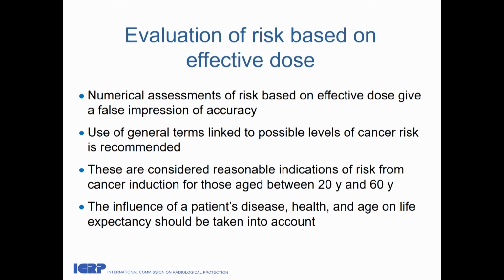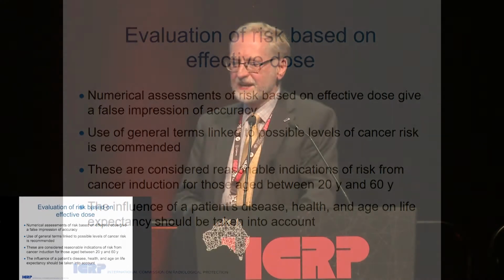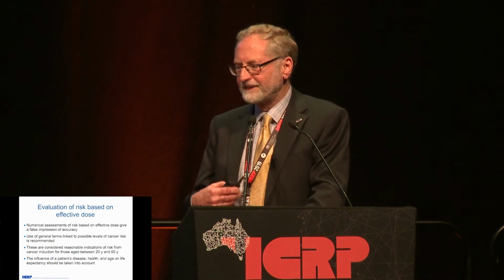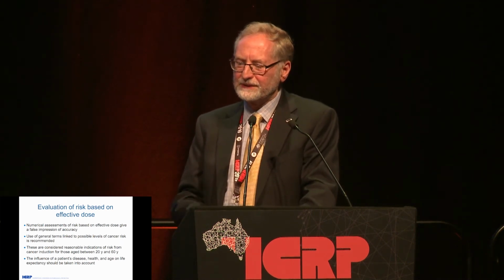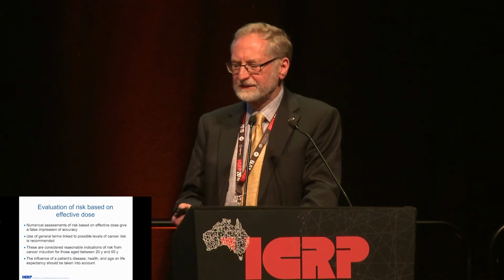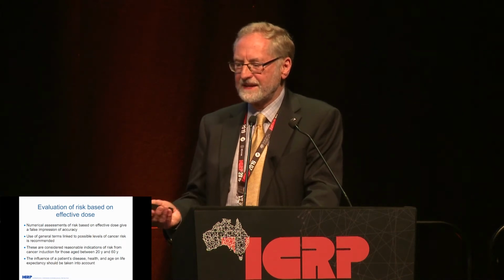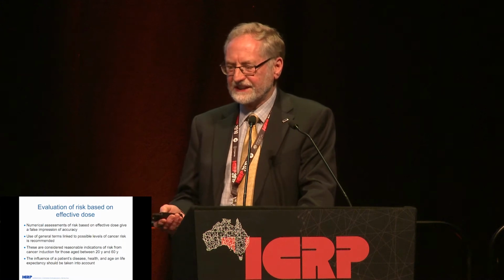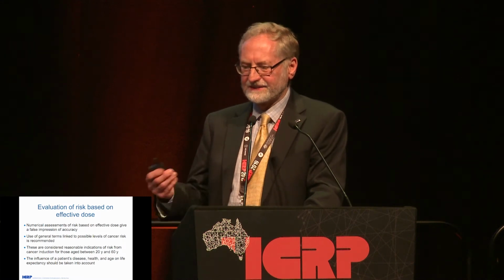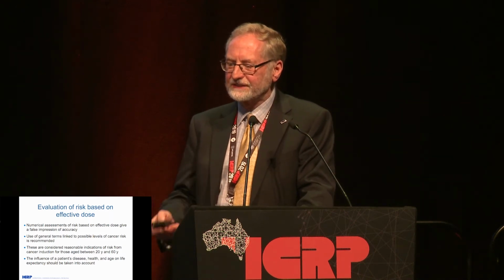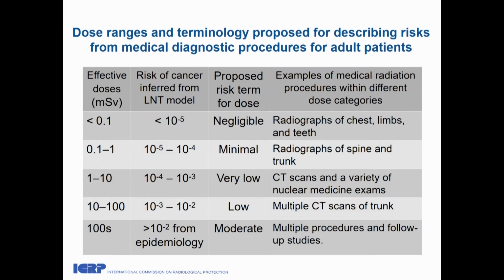So evaluation of risk based on effective dose, numerical assessments of risks give a false impression of the accuracy. So we advise that general terms should be used, and these are considered reasonable indications of risk between about 20 years and 60 years. Above that, you can make slight mental adjustments for yourselves. But the influence of a patient's disease, health, and age on life expectancy has to be taken into account.